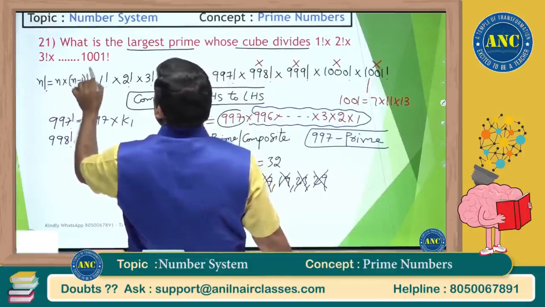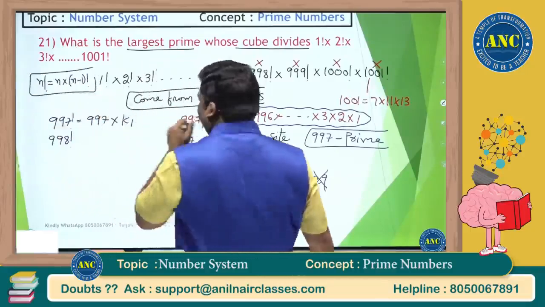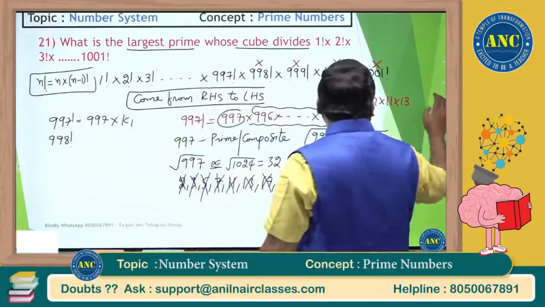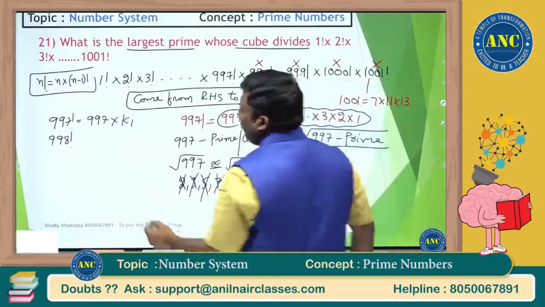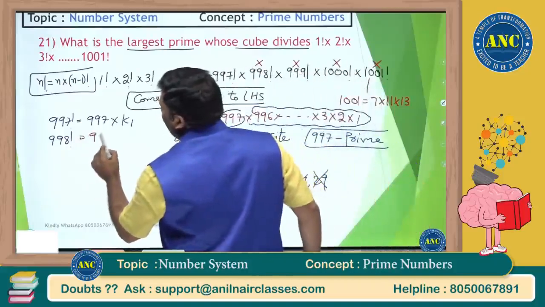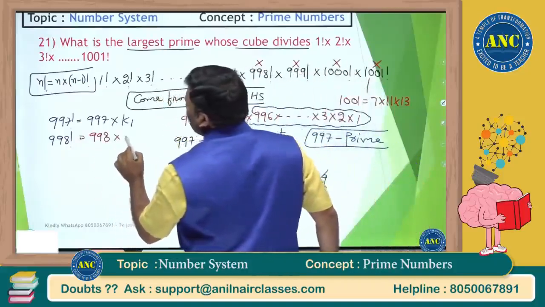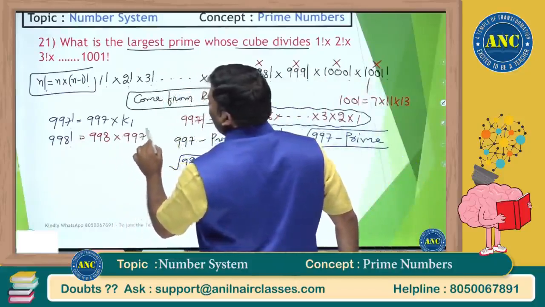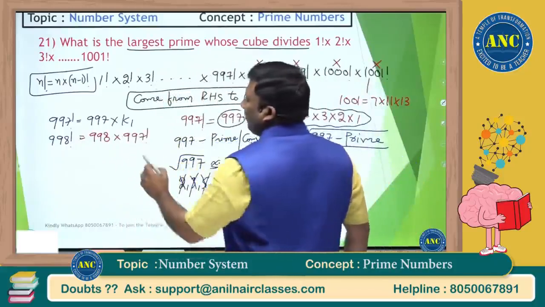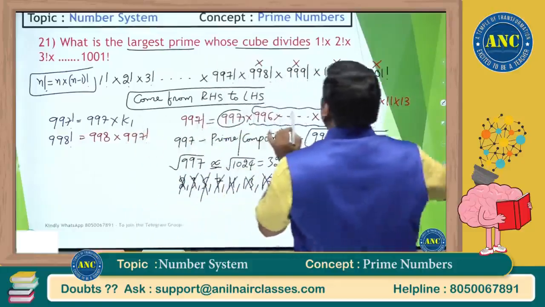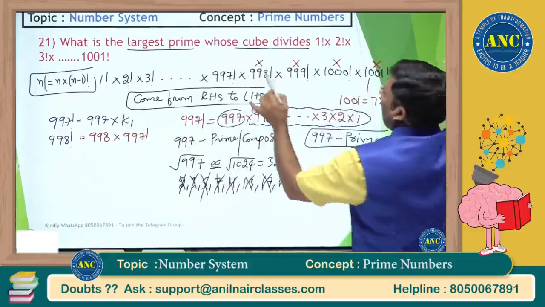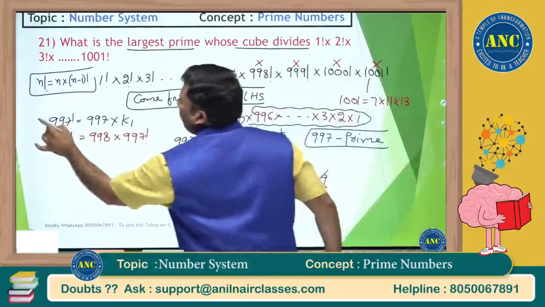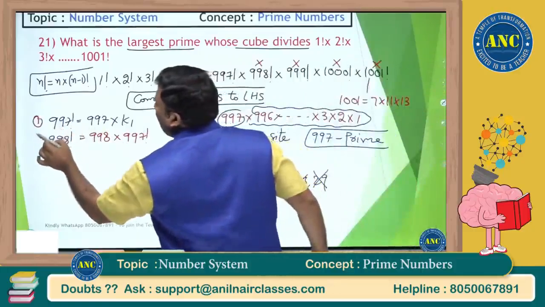So 998 factorial is 998 into 997 factorial. Again it contains 1 power of 997.